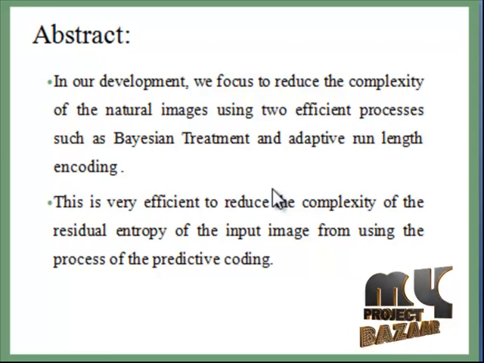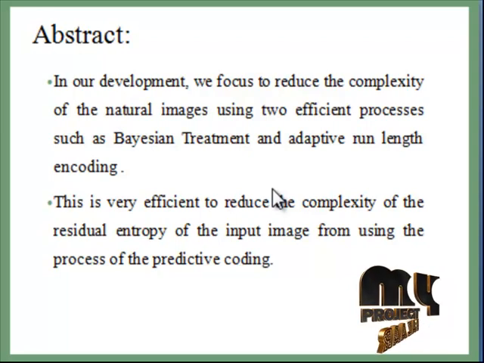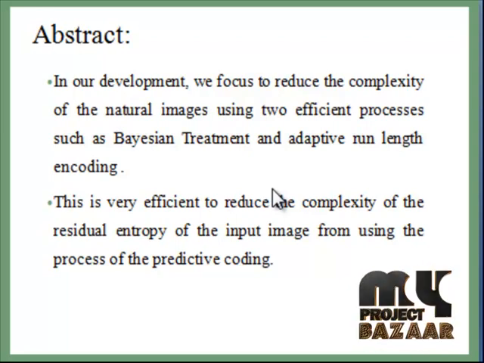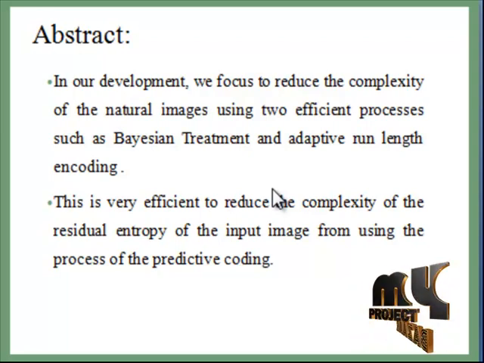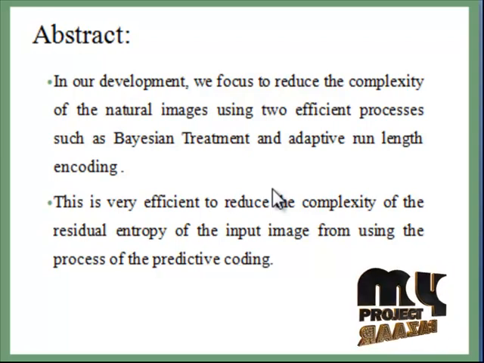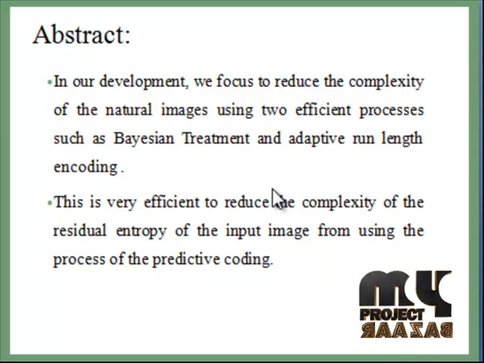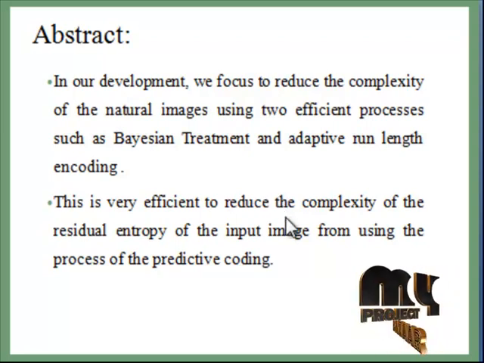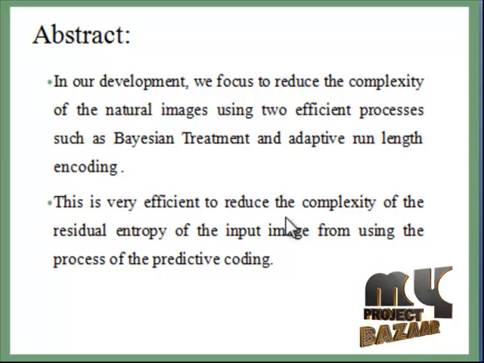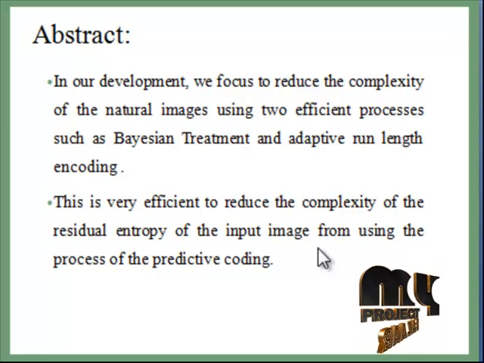One is traditional training evidence, which represents the model's suitability for the current pixel under the assumption of local consistency. The other is target evidence, which is proposed to express a preference for different models from the perspective of patch redundancy. This is very efficient and reduces the residual entropy of the input image in the predictive coding process.